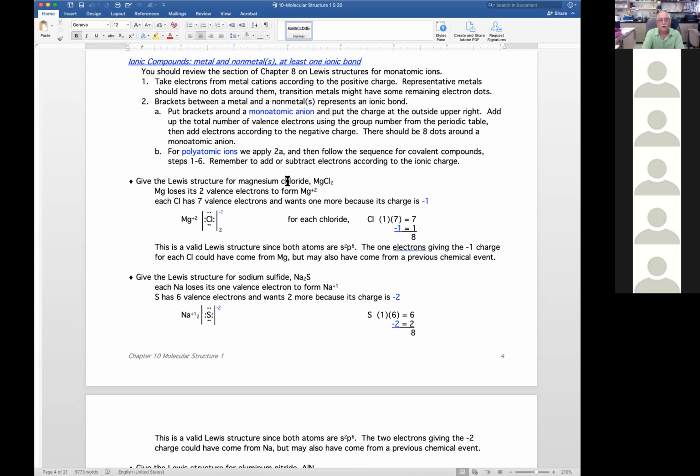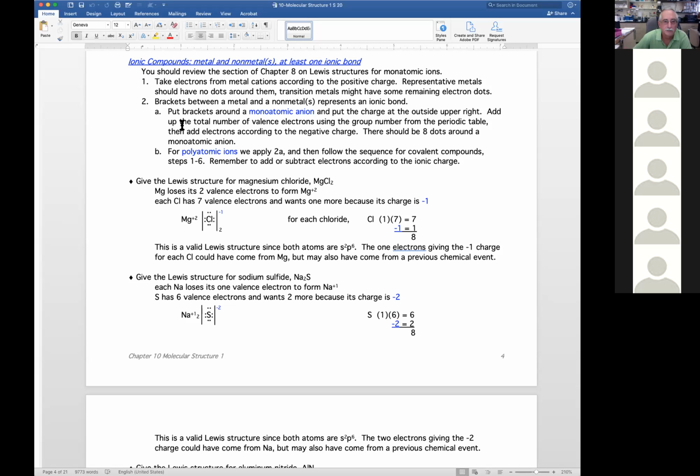What do we do with ionic compounds? You take electrons from the metal cations according to the positive charge, and representative metals should have no dots around them. Transition metals might have some remaining dots. Then the bracket between a metal and a non-metal represents the ionic bond. So this is how we represent the ionic bond right here.